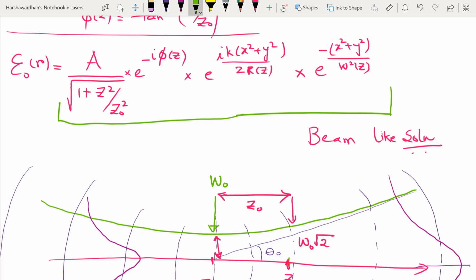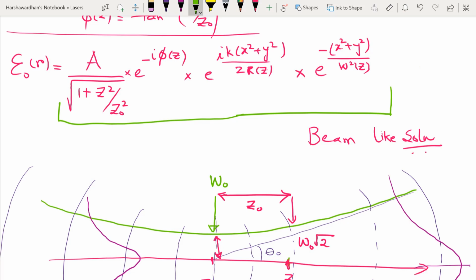And then you have the purely Gaussian phase factor, where R is a real quantity, and you know that at z equal to 0, R is infinity, so you get a plane wave here. But for any other finite z, you get a curved wavefront.